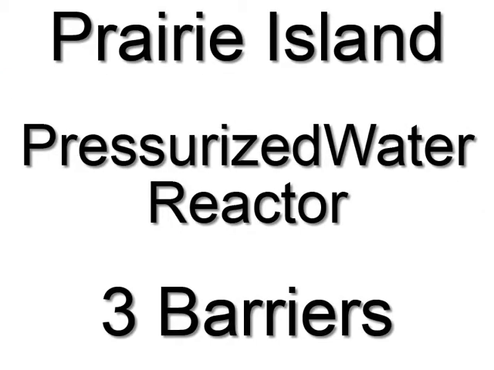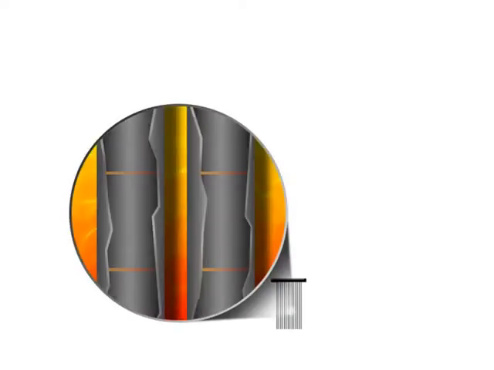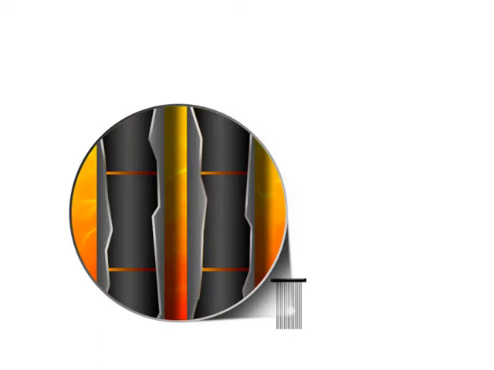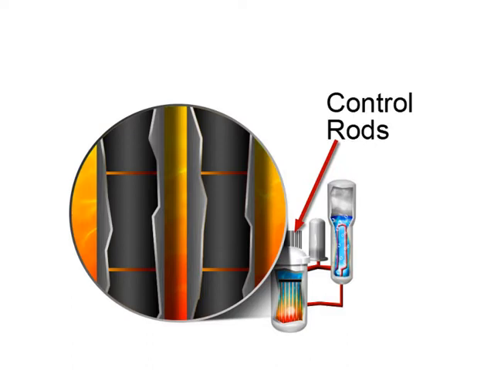A pressurized water reactor also has three barriers designed to prevent the release of radioactive materials to the environment. And just like a boiling water reactor, the first barrier in a pressurized water reactor is the zircaloy fuel cladding that surrounds the fuel pellets. The second barrier consists of the reactor pressure vessel that surrounds the core, as well as the pressurizer and the steam generator. If necessary, control rods can be inserted to stop the fission reaction.